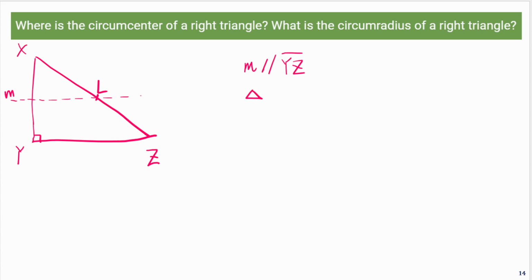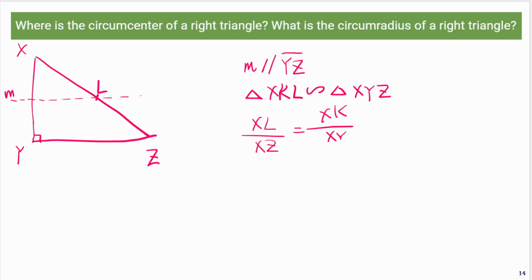Therefore, we can easily have triangle XKL is similar to triangle XYZ. So we have XL over XZ equals XK over XY. Since XK over XY equals 1 over 2, we have XL over XZ equals 1 over 2. Then we can prove L is actually the midpoint of XZ, right?